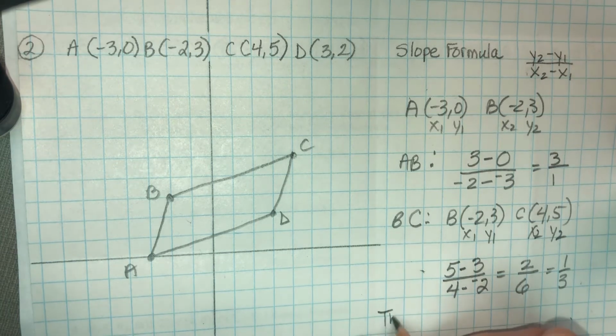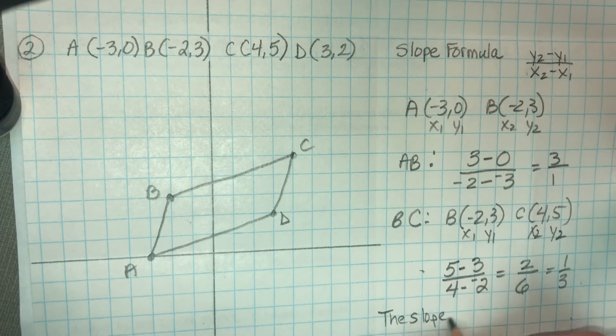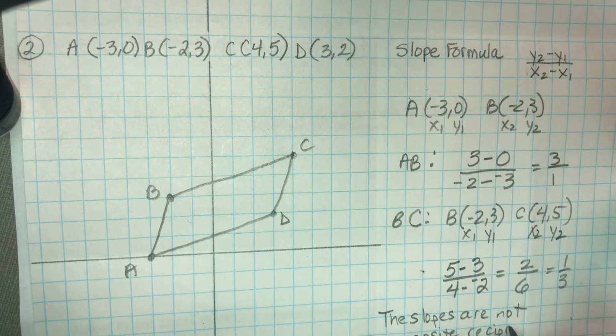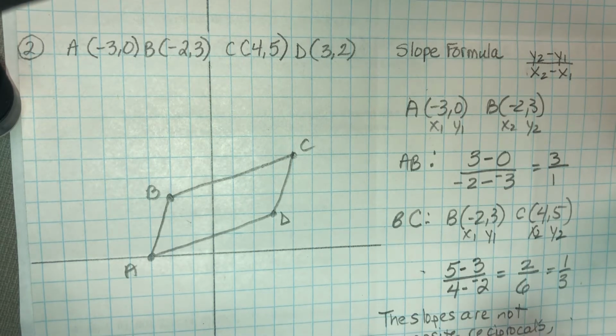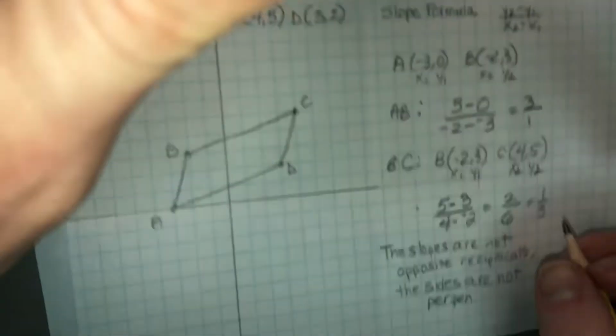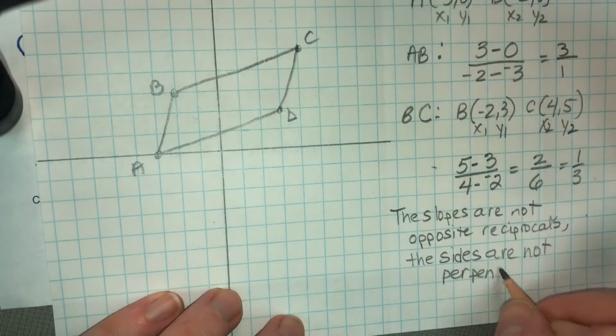So if the slopes are not opposite reciprocals, that means the sides are not perpendicular.